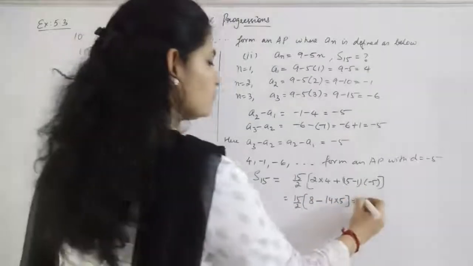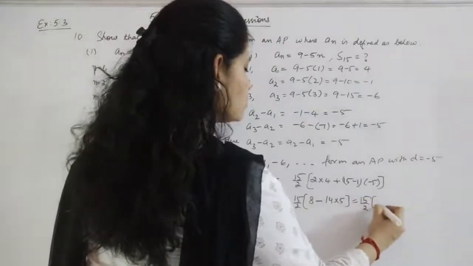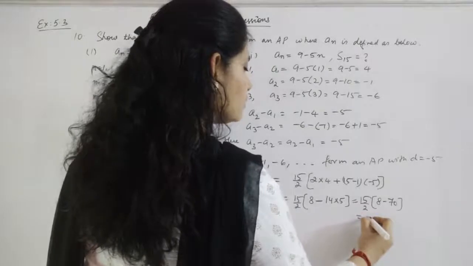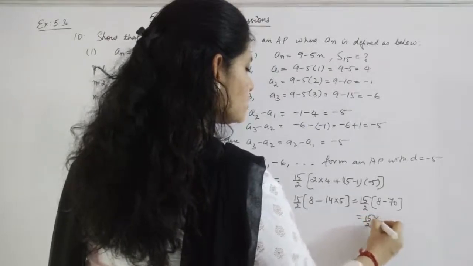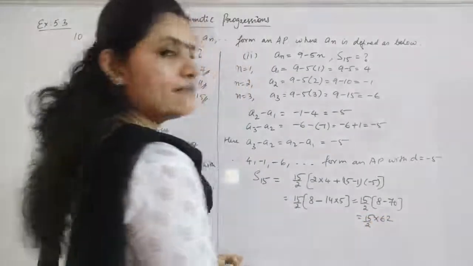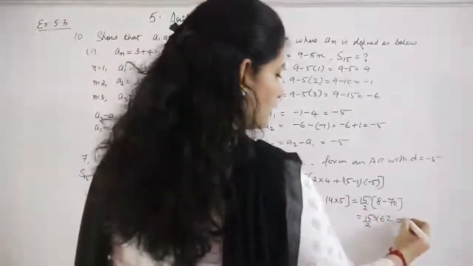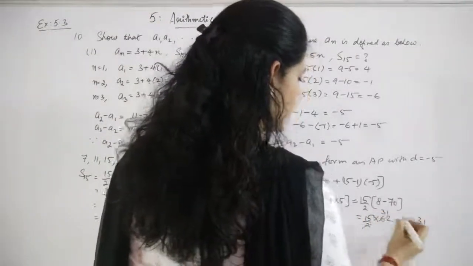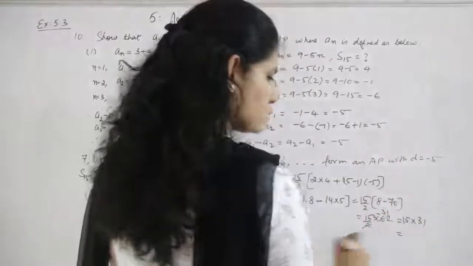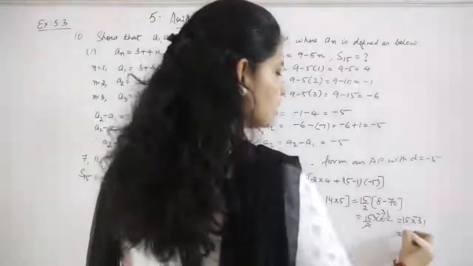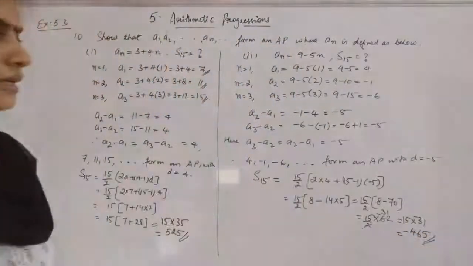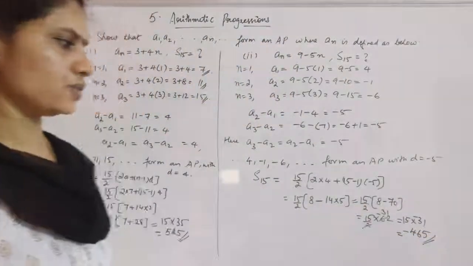Which is giving you 15 by 2 into 8 minus 70 you will have. This will give you 15 by 2 into 62, which is again 15 into what you will get, 31, and negative sign is there for 62, so that minus 31, so that your answer is minus 465. Okay, 8 minus 70 is minus 62. Is it clear?